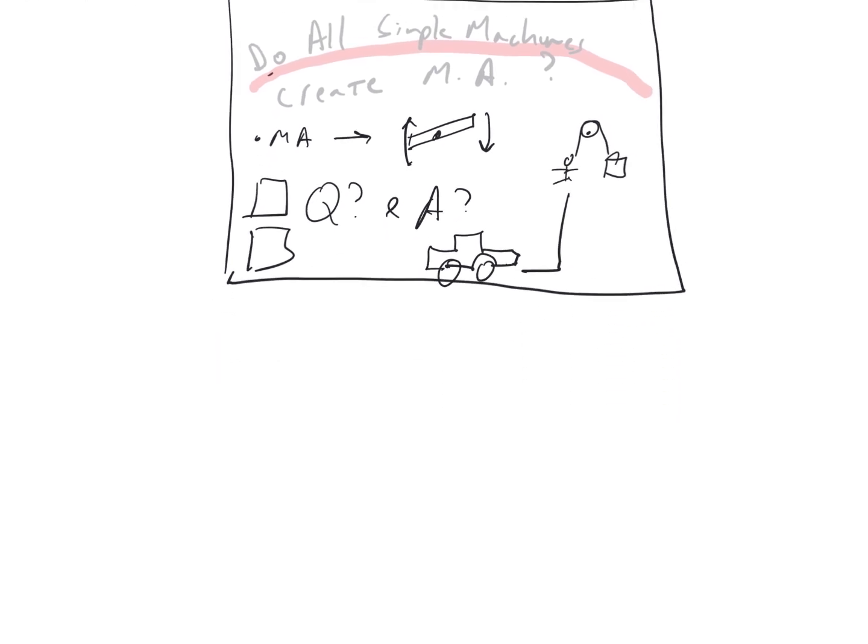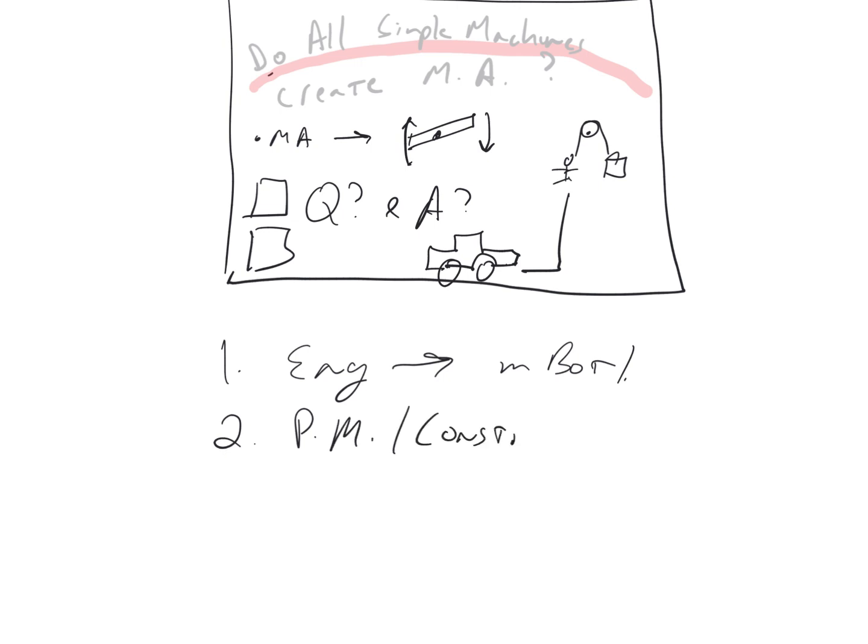So what we're going to recommend you do today, as already mentioned, number 1, engineers are down getting an MBOT lesson. Number 2, project managers, construction, and design leads should be doing some brainstorming.